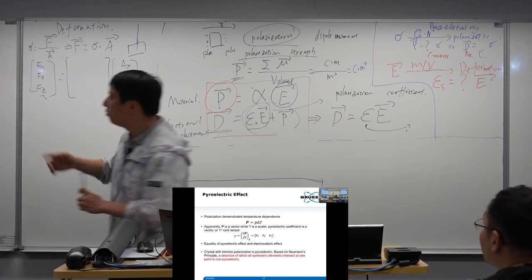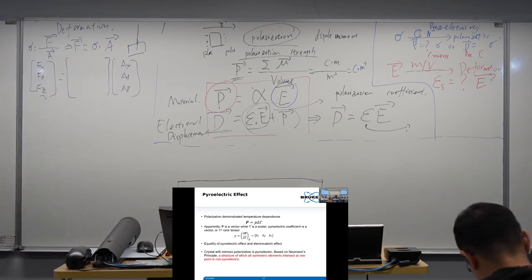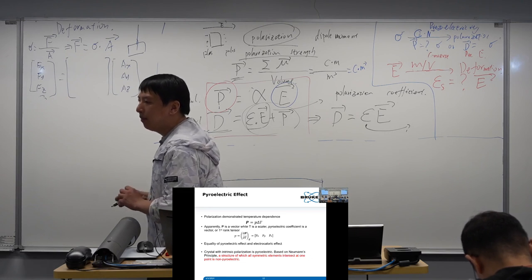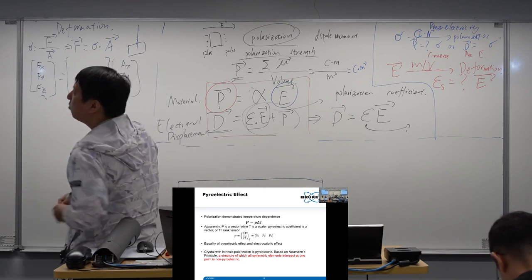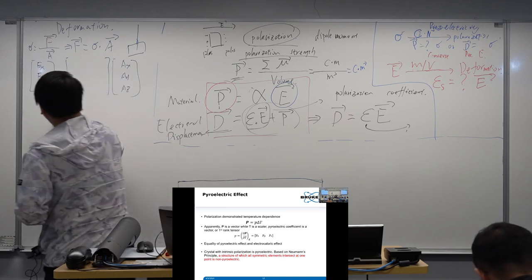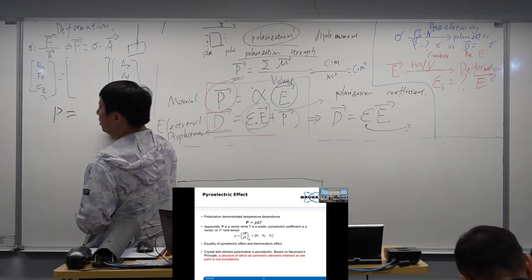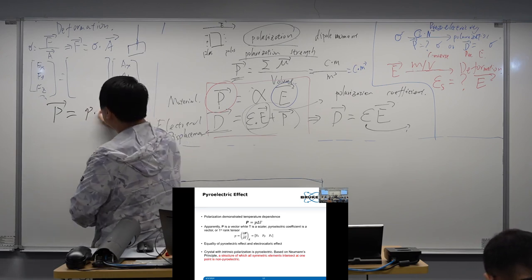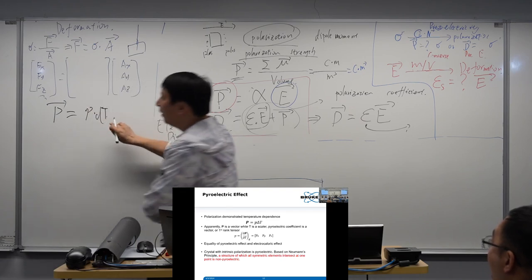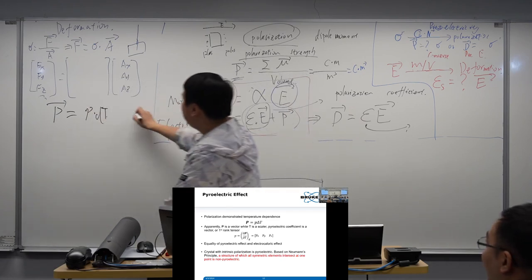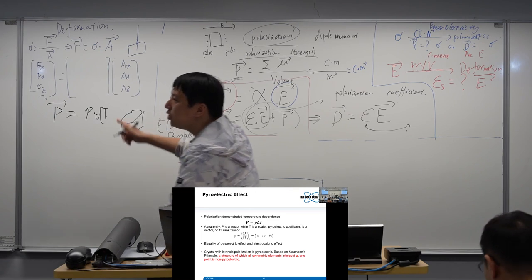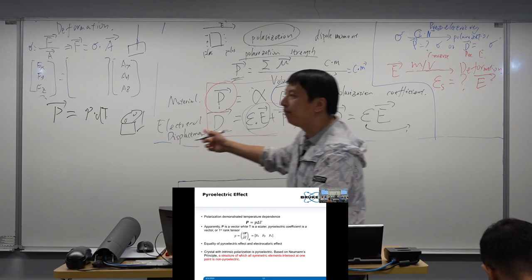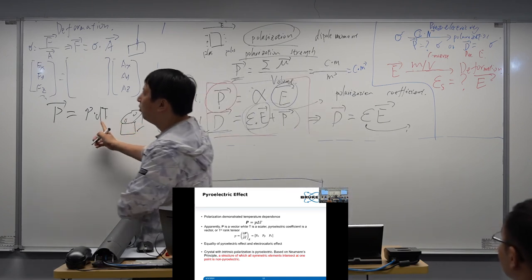We jumped one slide about Neumann's principle. I wrote it down in my textbook, but we can give a brief introduction here. The polarization strength is changed by the pyroelectric coefficient times temperature. The temperature is a scalar. Inside this volume, if you change the temperature, everywhere the temperature should change. That's the point of a scalar.